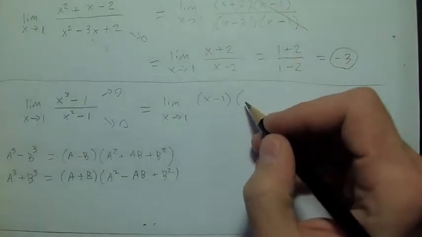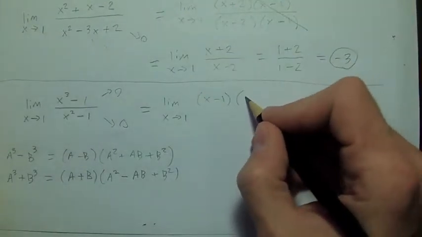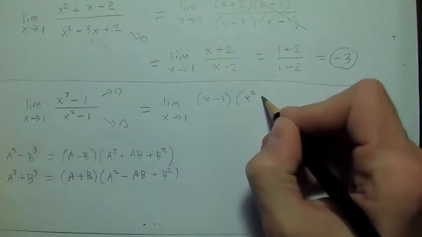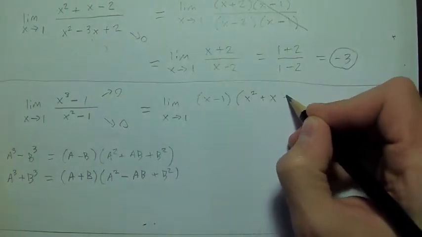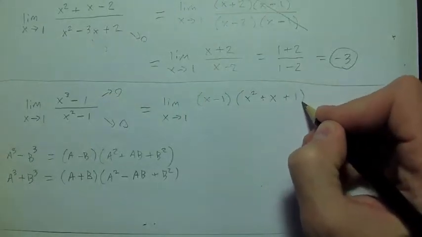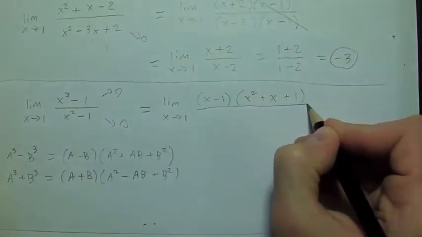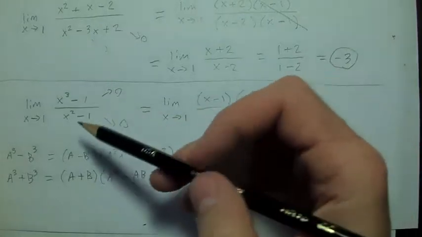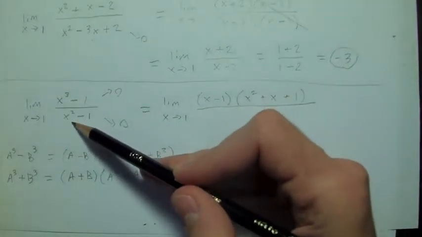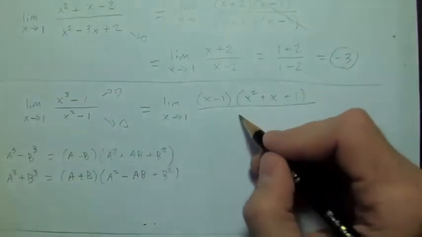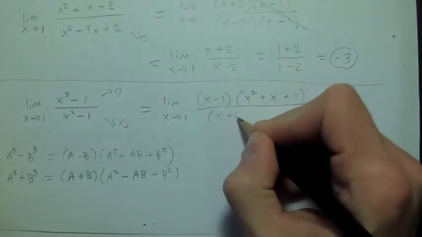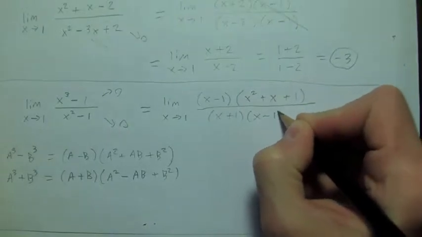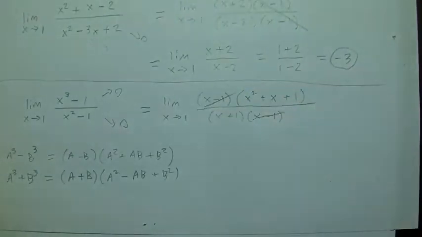Yeah, so it'll be x minus 1 times a squared, which will be x squared, plus a times b, which will be 1 times x, so x, plus b squared, which will be 1. And that is that. And then the denominator will also factor. X squared minus 1 is a difference of squares, and will factor into x plus 1 times x minus 1. And we see that the x minus 1's cancel.